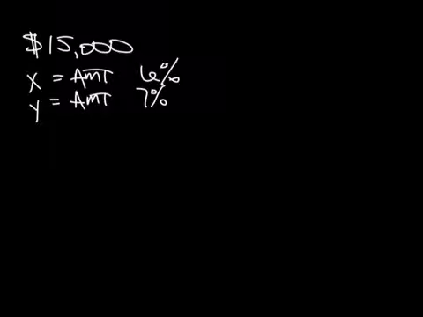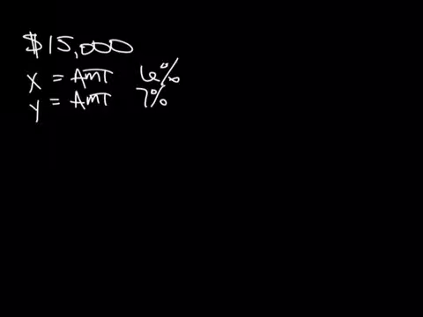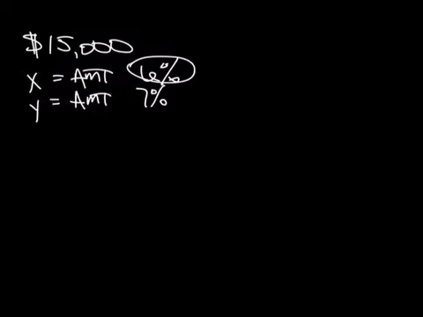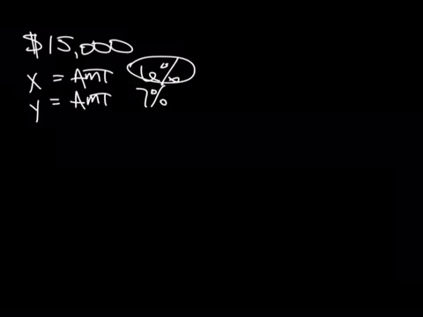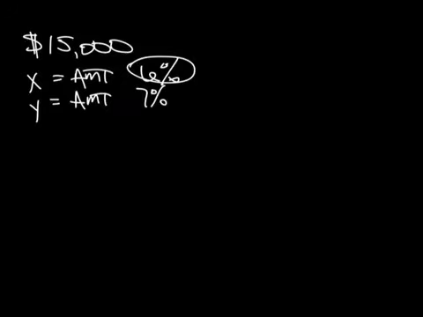So at the end of all of this, if he took the amount he made at 6% and the amount he made at 7%, he would have as an amount $980.